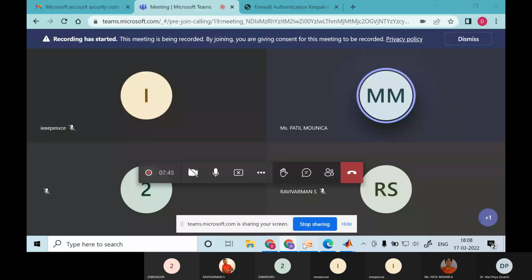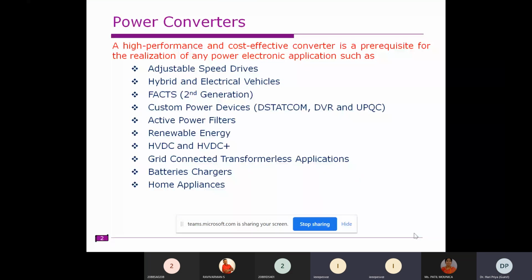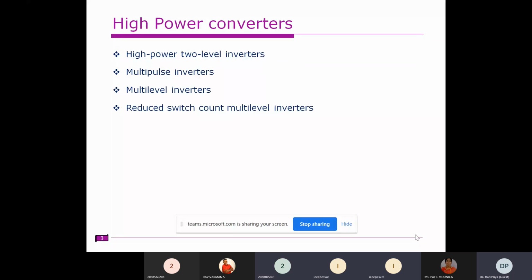Now, can you see it? Yeah, we can see the second slide. Now I'll try to change and check it out. Yes, ma'am, it's changing.